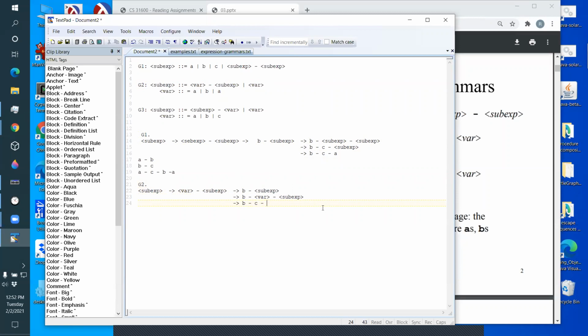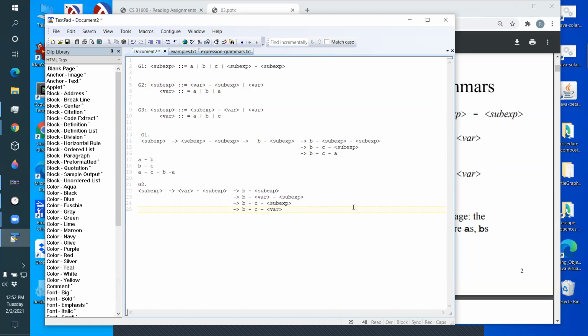And then there's the sub-expression, which I can expand into whatever I want: B minus C minus, and then I'll expand it into a variable this time.